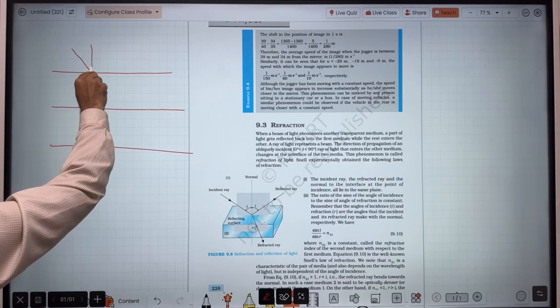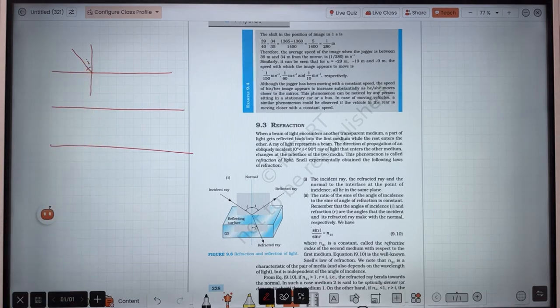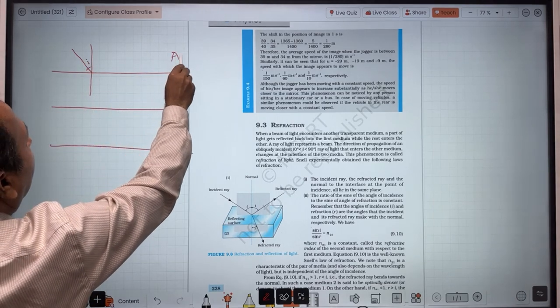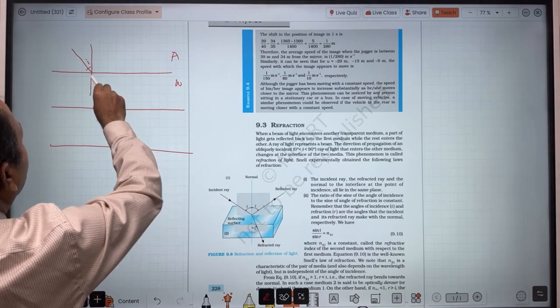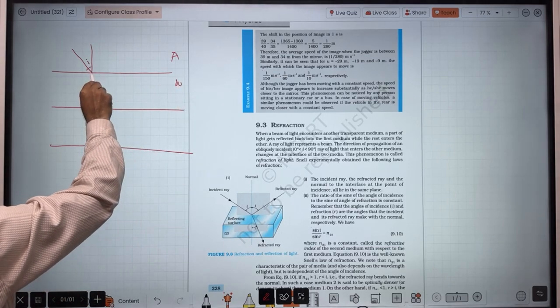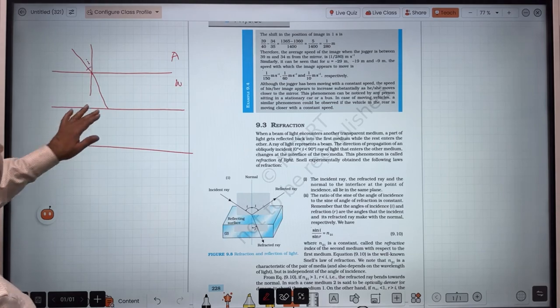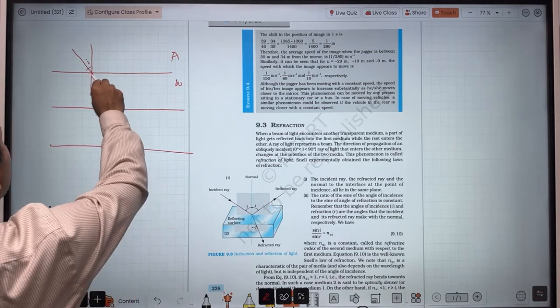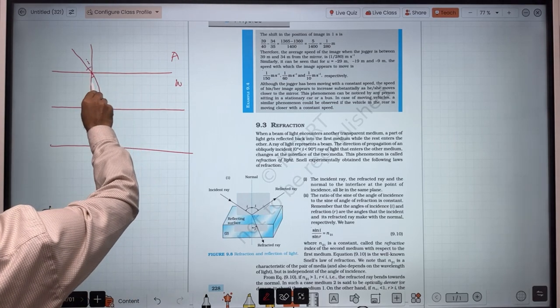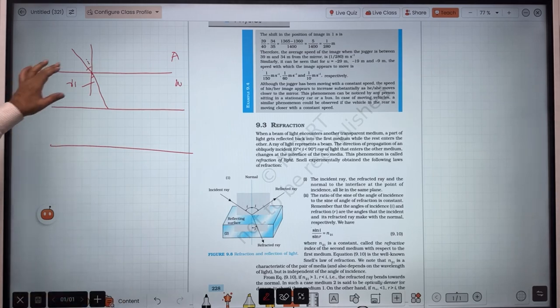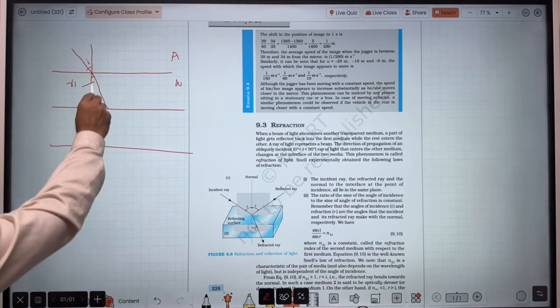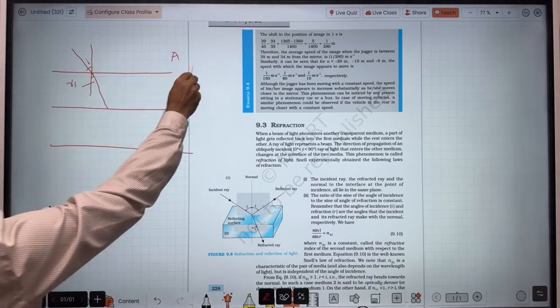Okay, this is the normal, this is the angle of incidence I, right? And this is air, and this is water. Now when this ray enters the water, it will get a little deviated, and it reaches this interface. Say this angle is R1, right? We are taking R1.